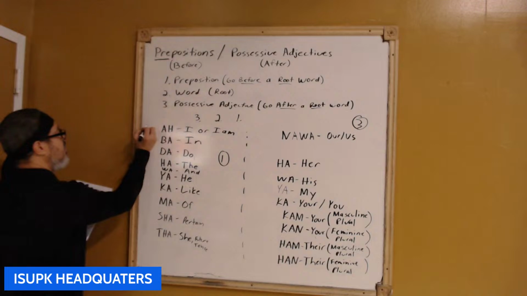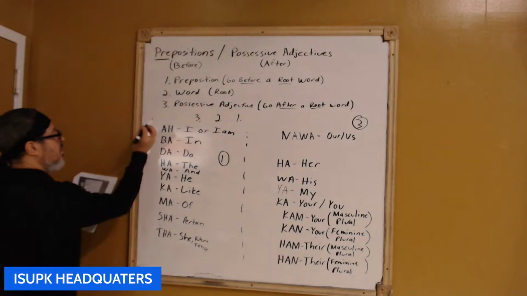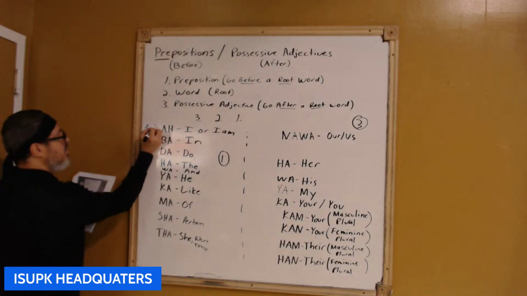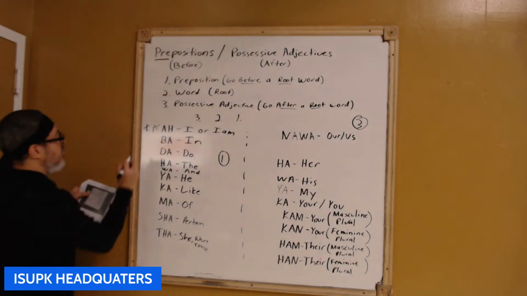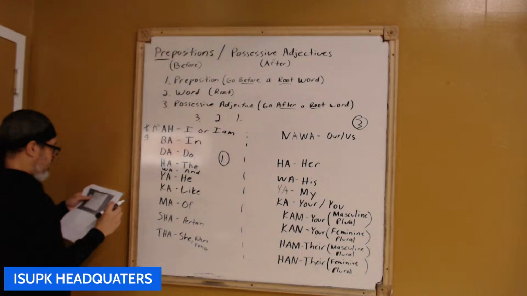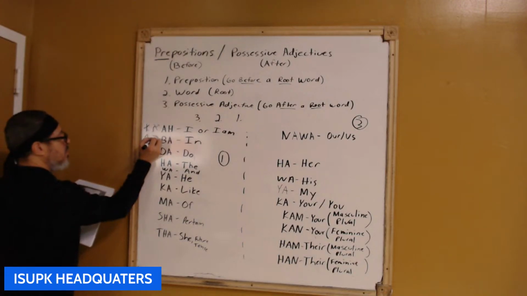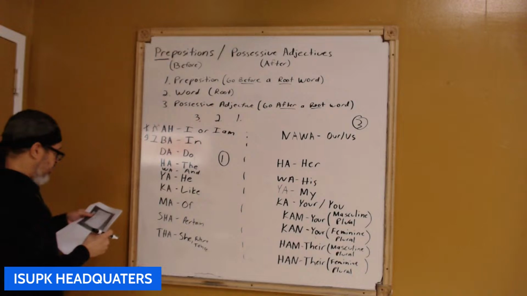Okay. Now, let's draw the characters. So we have the A in the ancient, and then do the A in the modern. That's the A. Ba. That's the ancient. The modern, Ba.